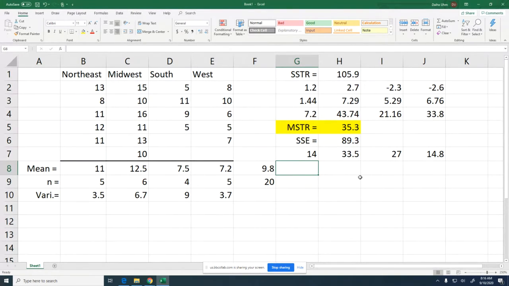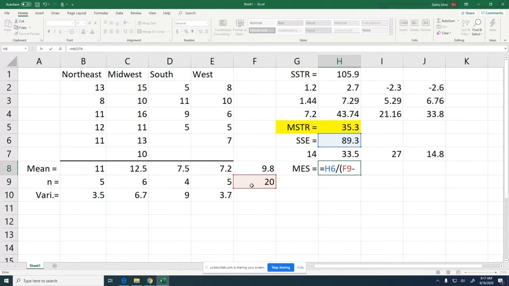Then now let me take the MSE. Take the SSE over the degree of freedom. You know, for MSTR the degree of freedom is k minus 1. Can you remember the degree of freedom for SSE, MSE? Big N minus K. So the big N 20 minus K 4.